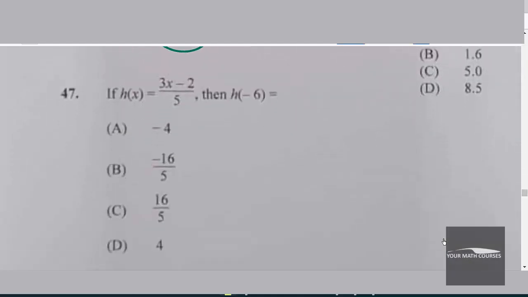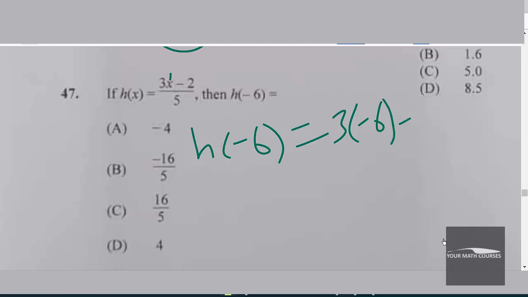Now let's look at number 47. h of x equals (3x minus 2) over 5. Then h of negative 6. So we plug in negative 6 for x. So there's x here, so we put negative 6 there. Then minus 2 all over 5. So 3 times negative 6 will be negative 12.